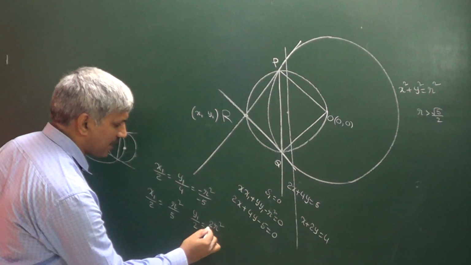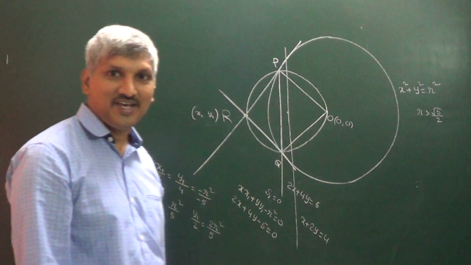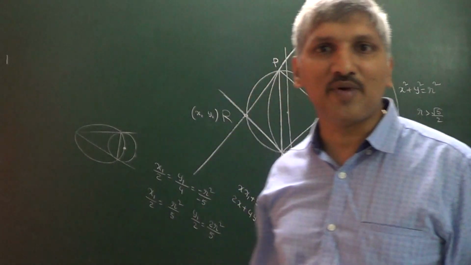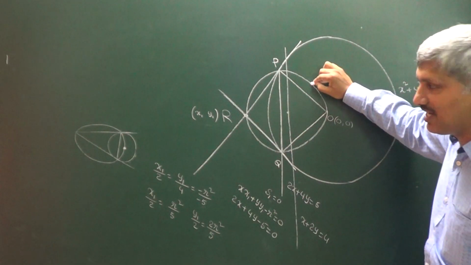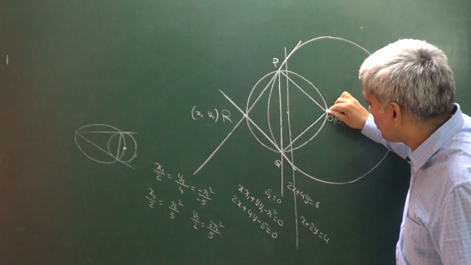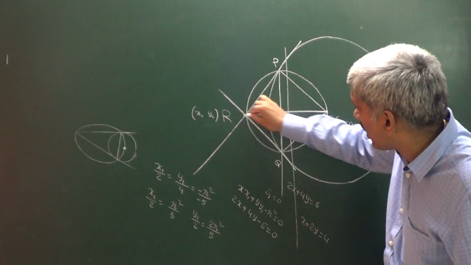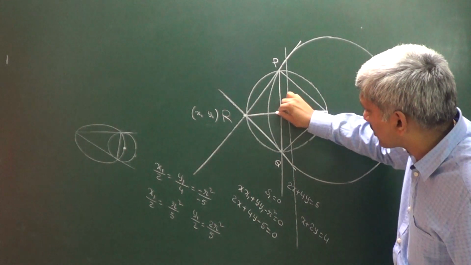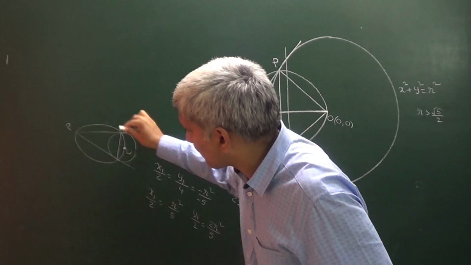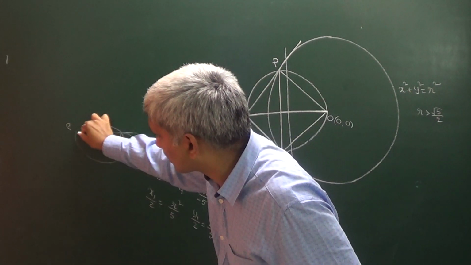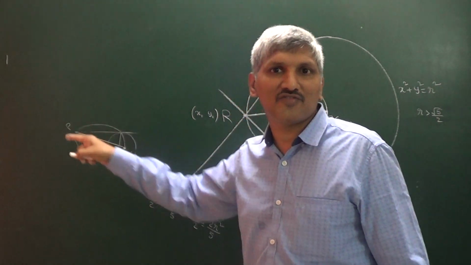Sir, why are you finding x1/2 and y1/2, sir? (x1/2, y1/2) is the center of this circumcircle, because as we discussed, OR is the diameter of the circle. Earlier we discussed CP as the diameter of the circle, and the CP midpoint is the center of the circle.